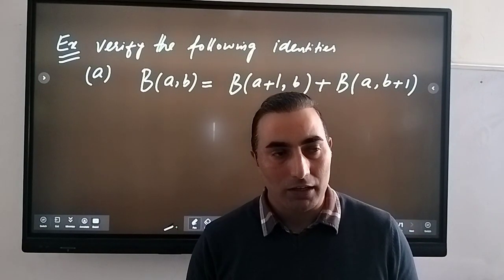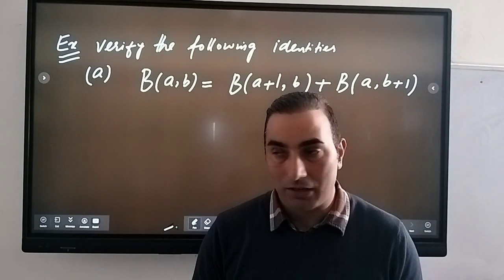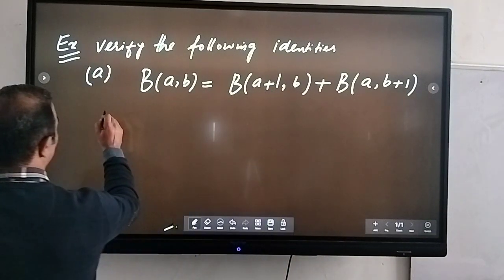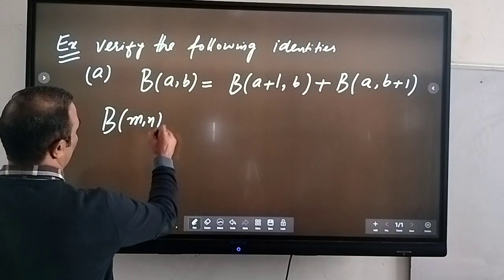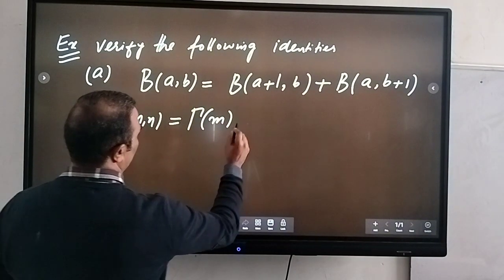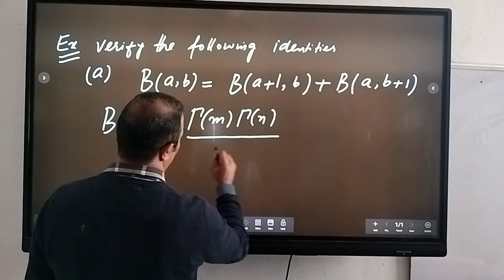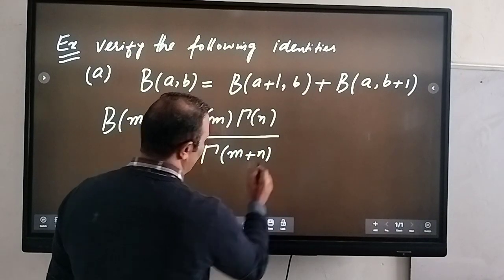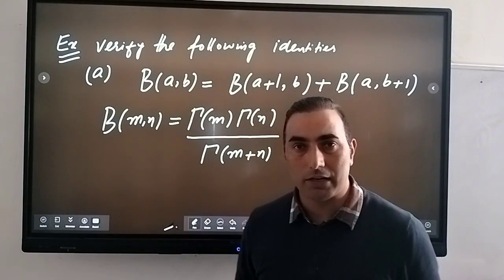So we can relate the beta function with the gamma function by this relation: beta of m, n equals gamma m gamma n divided by gamma of m plus n. This is how you can relate the beta function with the gamma function, right?